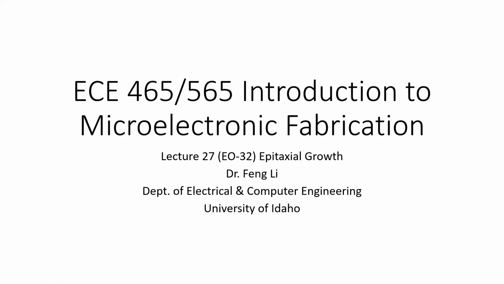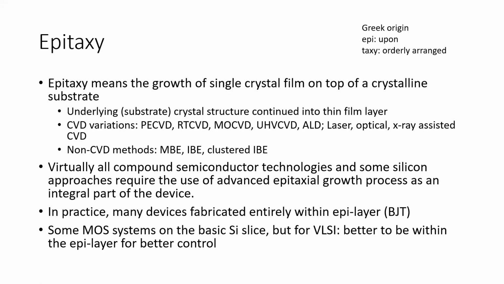Today we are going to discuss epitaxial growth. This is lecture 27 of year 32. So epitaxy means the growth of a single crystal film on top of a single crystal substrate.